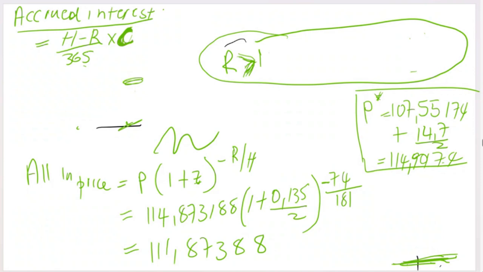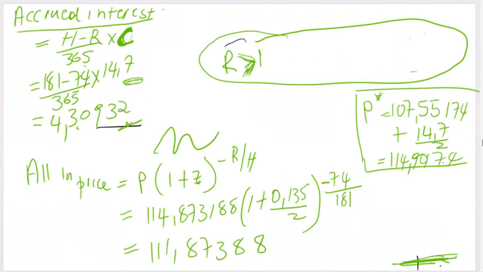Now, you know what your H is? Your H is 181. You've got 181 minus 74 divided by 365. You multiply by C, which is 14,7, and not dividing by 2, because this is C, it is not D. Then your answer there is going to be equal to 4,30932.